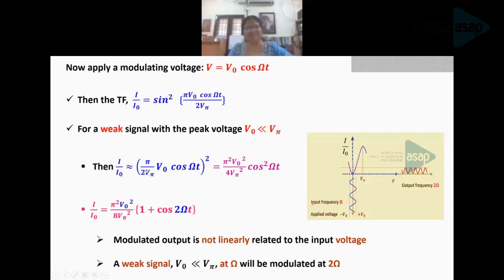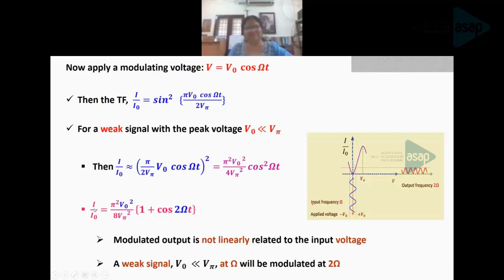Okay, which is equivalent to pi square V0 square by 4 V pi square into cos square omega t. And cos square omega t can also be written as 1 plus cos 2 omega t divided by 2. So this is the final transmission factor, and from this you can see that the intensity is proportional to V0 square.